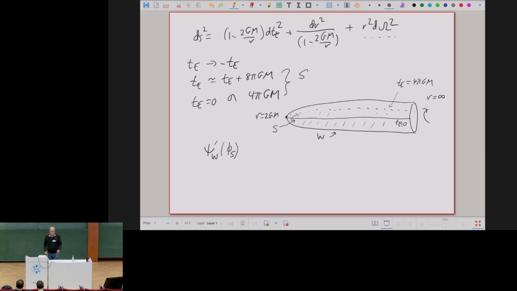S divides the two-manifold into two halves. W could be either one, but in the picture I'll take the lower half, as we took the lower hemisphere yesterday. Then the state psi_W is defined in the usual way by a path integral over all fields on W, such that phi_W on S is phi_S, and we have the exponential of minus the action.